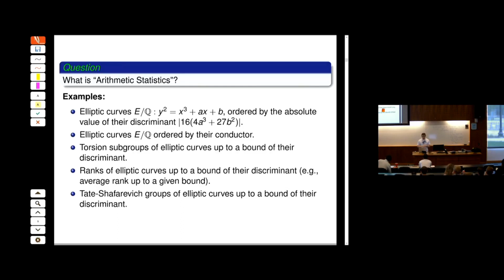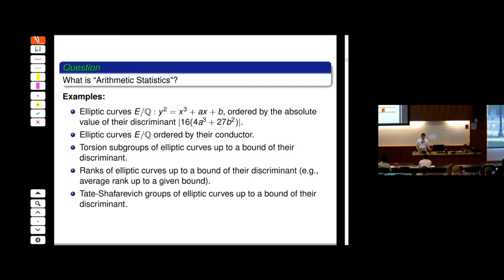And then the Tate-Shafarevich group is sort of the analog of the class group for number fields, in that it measures a failure, in this case the failure of the local-to-global principle.